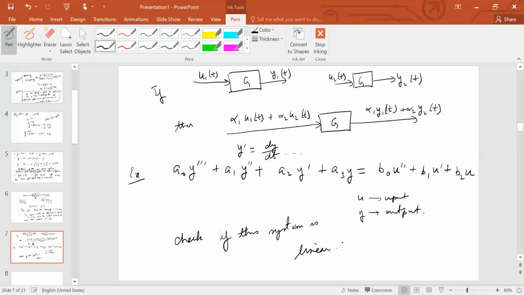In general, a system's linearity, or non-linearity, is independent of the type of input that you are applying. It does not depend on what input you are applying. It should hold across all inputs. So if you pick an input and say, but sir, even if I'm integrating it, because it only exists at that particular instant, it's going to be zero, and it does not depend on the past inputs.